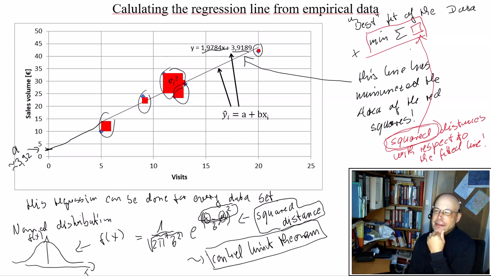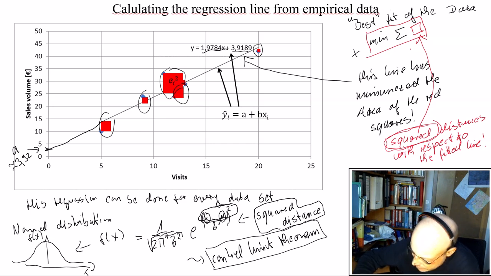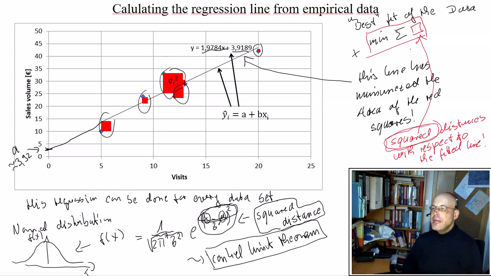Okay, this means, in general, if we would know that our data is taken from a set which is normally distributed, then of course we have directly the reason why we use the square distances, because our distribution has within its description the square distance. But of course, very often we don't know what is the distribution of our underlying data.